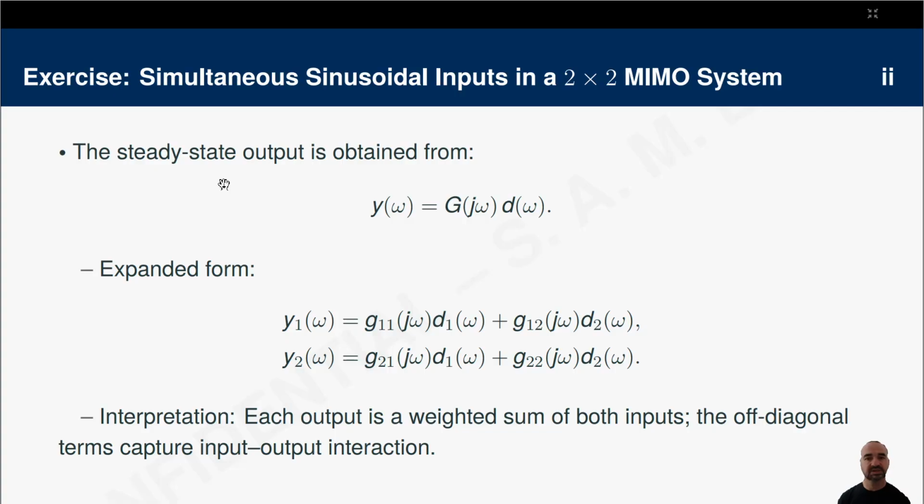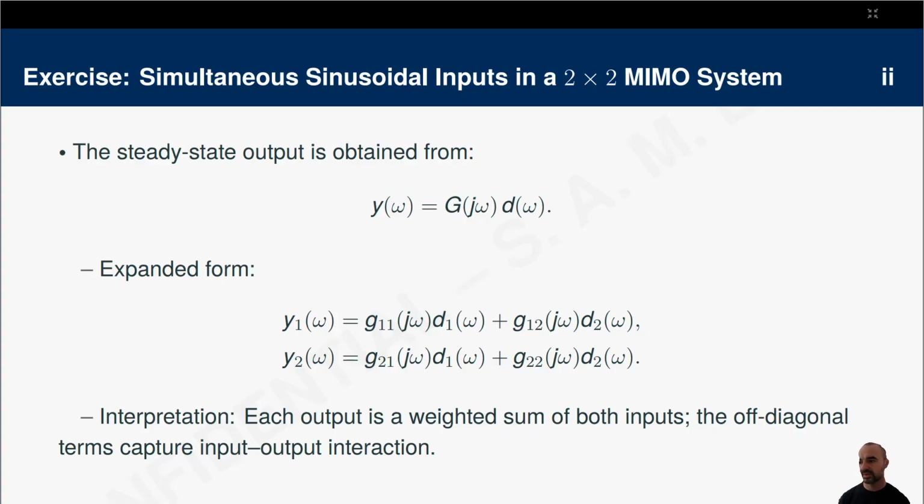So we have the steady state output obtained by G(j omega) D(omega), and this is true for every single system. As we said, at a certain omega, Y1(omega) and then Y2(omega). We have simply expanded the 2 by 2 matrix, and we got each output, and then we got the input channel to each output.